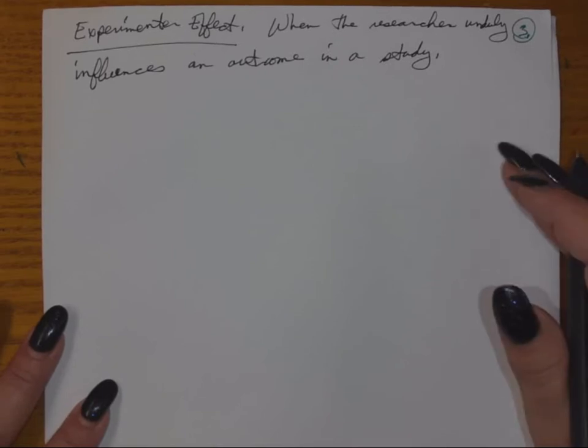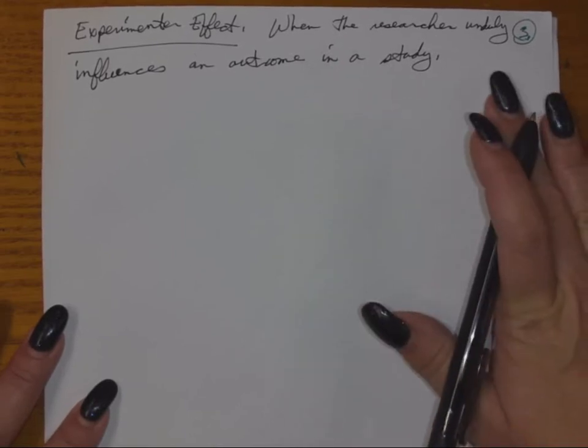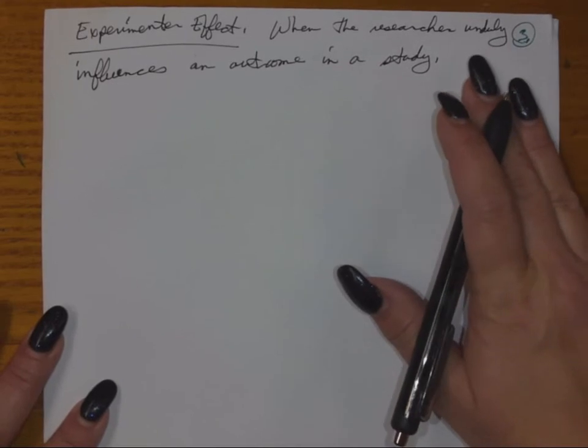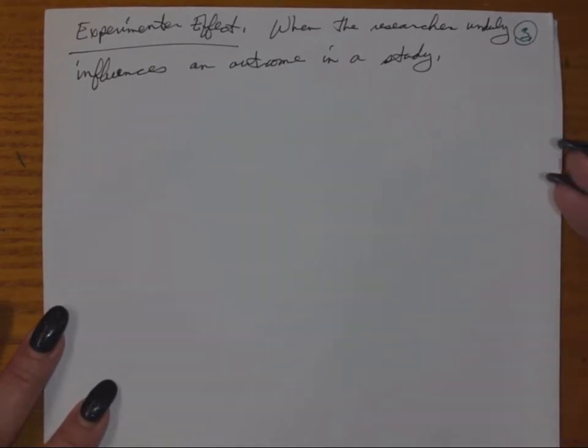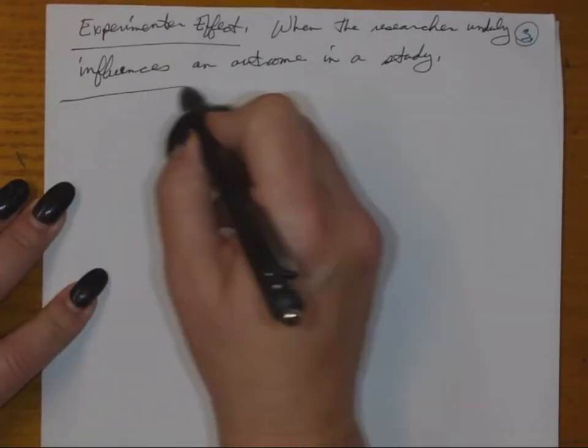Okay, so here's what happens. One of the ways that we can try to avoid experimenter effect, me influencing them, even if I didn't mean to, I could still do it, is by blinding.